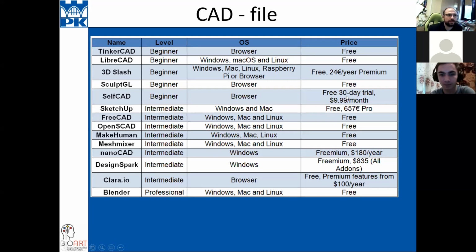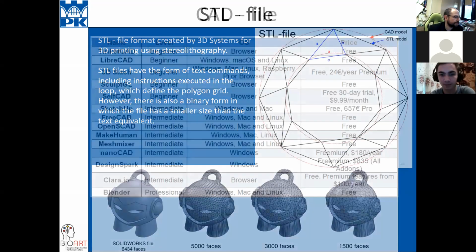It's a program from Autodesk, and it's free at our university. We can use it for free for education. But SolidWorks is also a very good program. And Solid Edge is from Siemens, but you can use it to make some STL files.